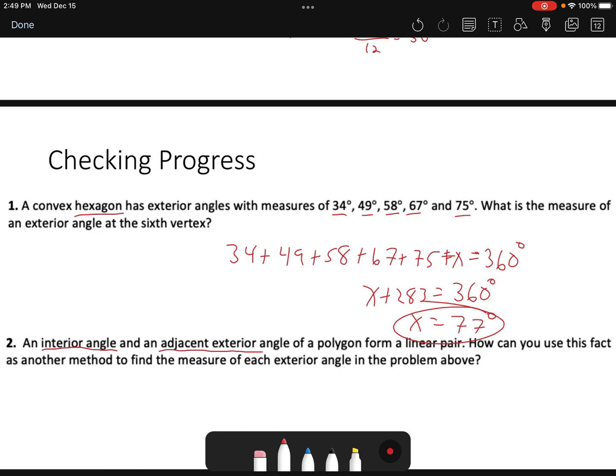Okay, now on 2 it says an interior angle and an adjacent exterior angle form a line. How can you use this fact as another method to find the measure of each exterior angle in the problem above? Okay, let's see. How would we do that?